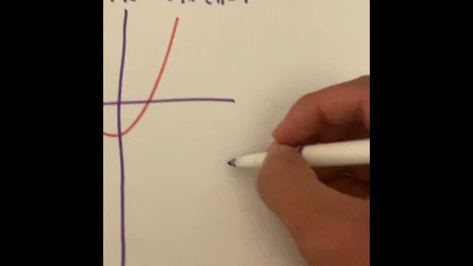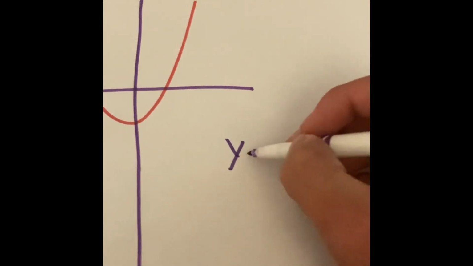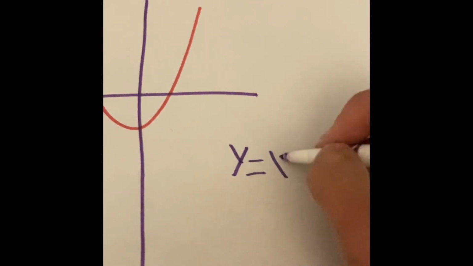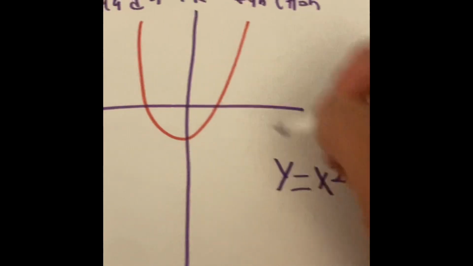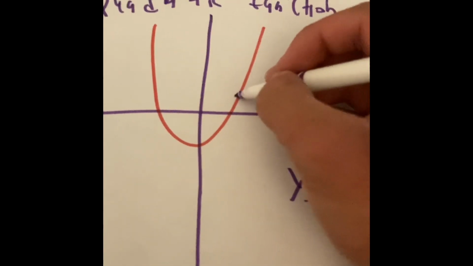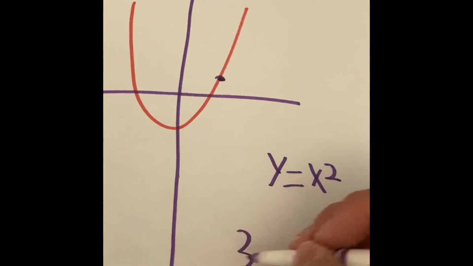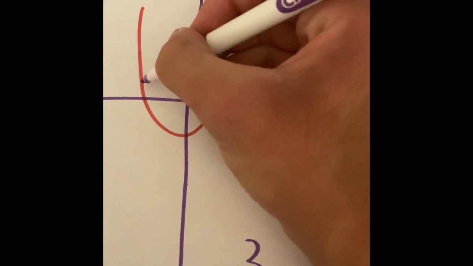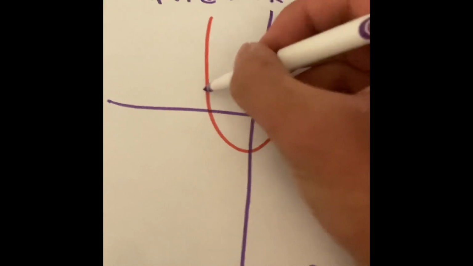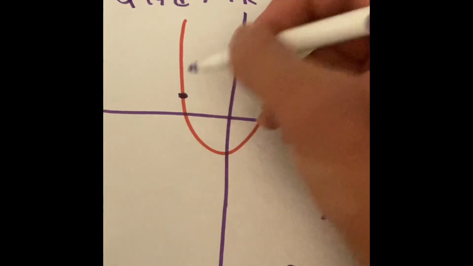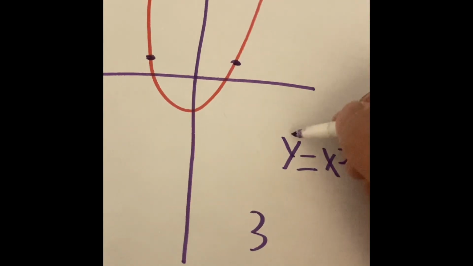And if you ever want to find the slope for that, it is going to be x squared, because you can insert a positive number, like a positive 3, and you can also insert a negative number, like negative 3, and you would still get your y.